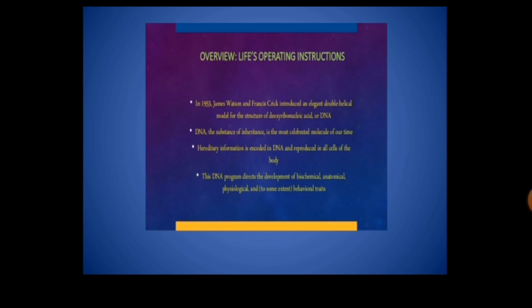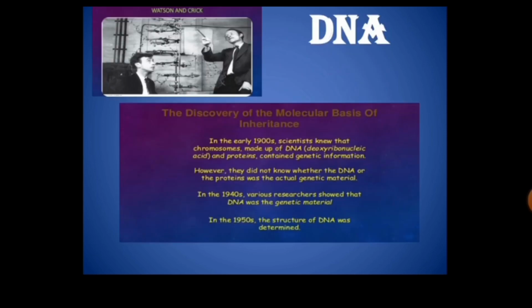The number of chromosomes varies from one species to another species. Children, that thing we already discussed, right? Like if you compare the number of chromosomes of human beings to Drosophila, you will see that they are quite different.